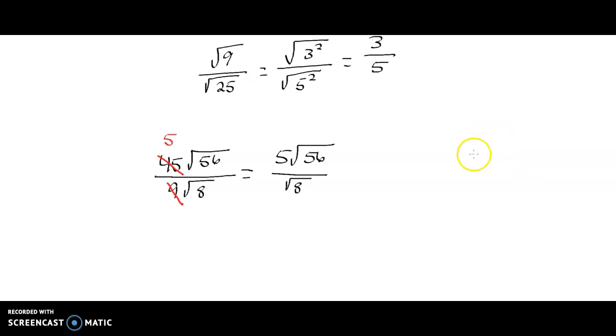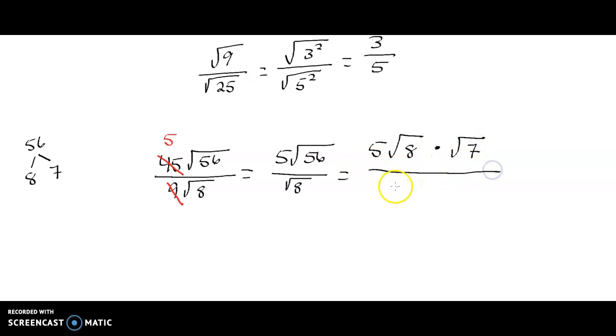So we want to go ahead and, I would say over to the side, factor our 56. And if we remember that 8 times 7 gives us 56, what I'm going to do here is rewrite this as 5 the square root of 8 times the square root of 7, because I can break those square root signs up if we remember back to our multiplication.